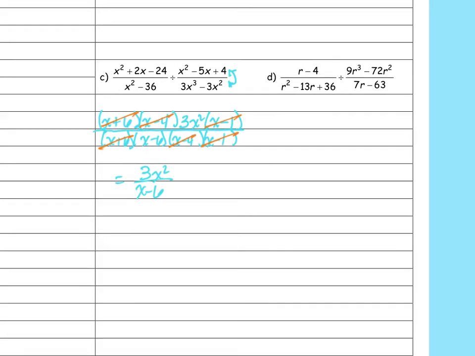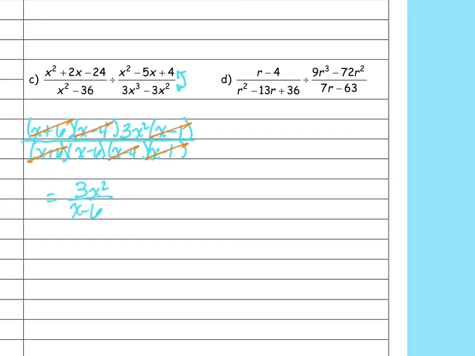All right, one last one. Okay, flip these and factor. So let's see, I've got r minus 4, and then 7 comes out, and I've got r minus 9. I think that's right. And then the bottom, I need two numbers that multiply to be 36 and add to be negative 13: negative 9 and negative 4.